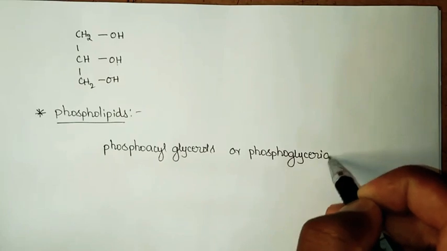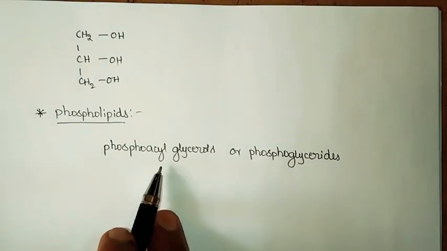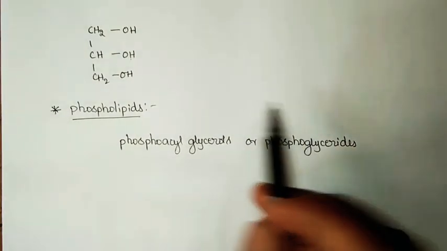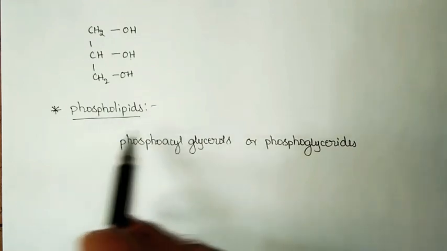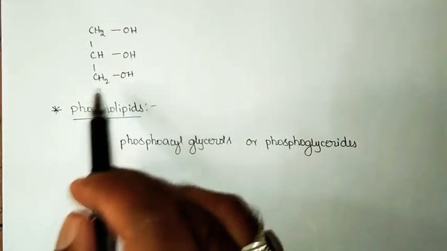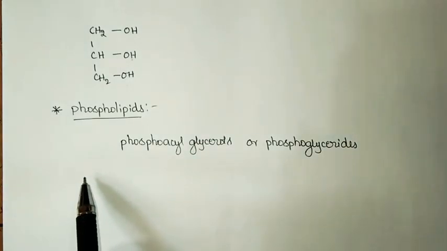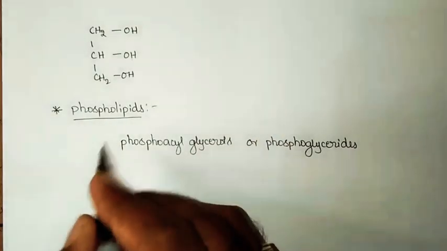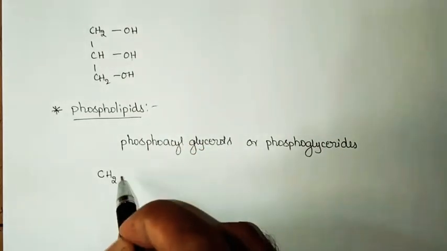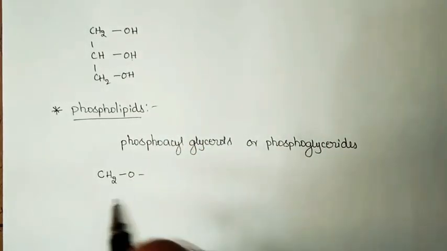This is the other name we can give for phosphoacyl glycerols. We can also call them phosphoglyceride. As we said, in a phospholipid, one of the OH groups of the glycerol molecule is replaced with a phosphate group. So we can write the skeletal structure of the phospholipid in this way.